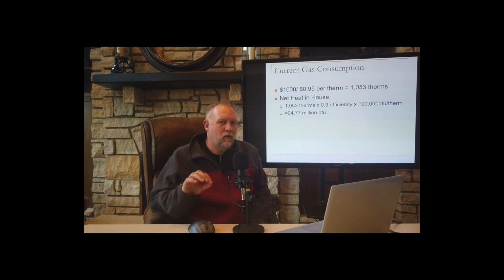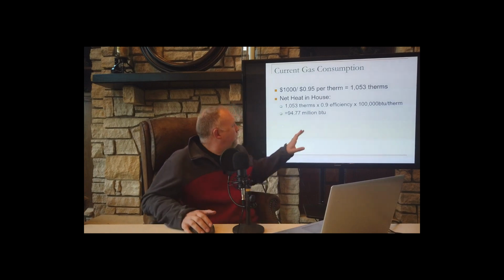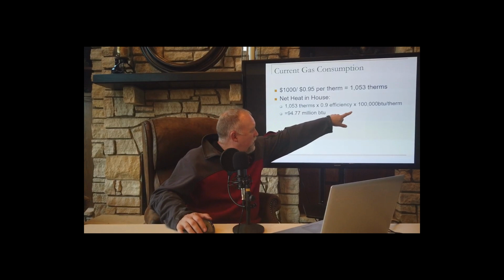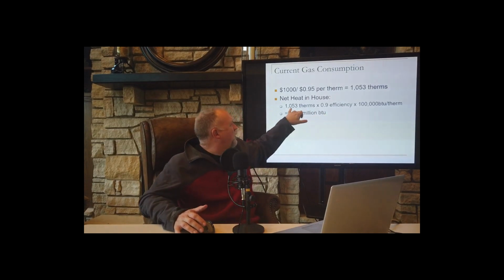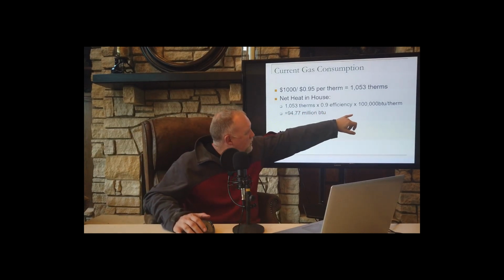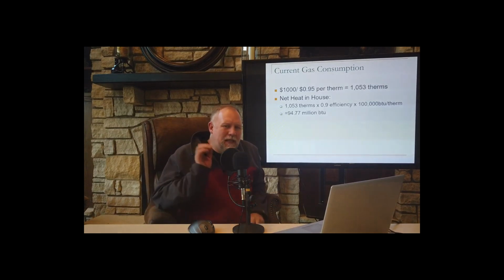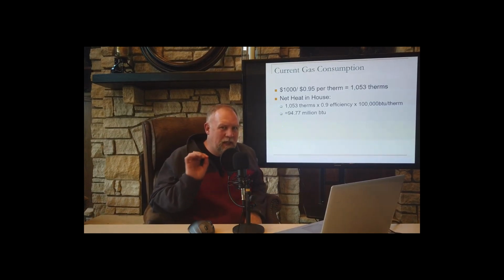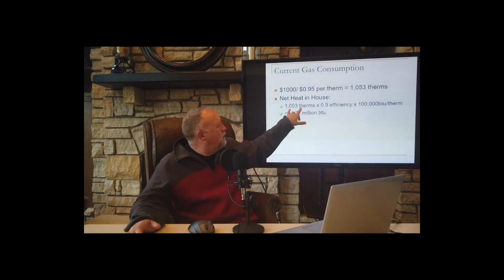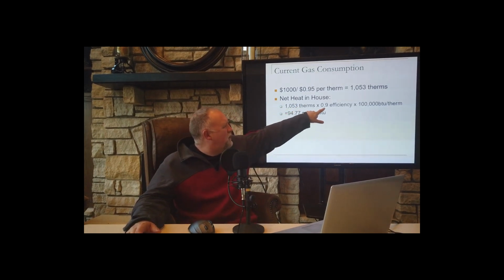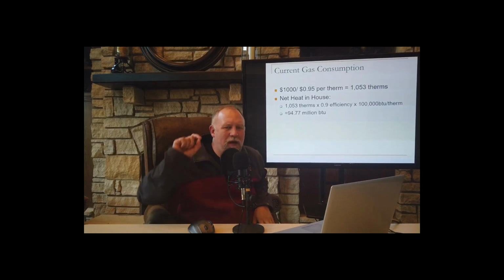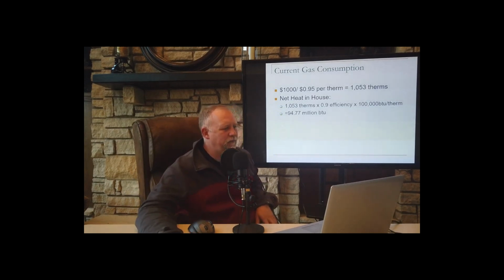Now, remember though, if we convert that, and that's what this next step is, converting the therms to BTUs of potential energy, I've got to multiply that by the efficiency of the furnace right here to get how many BTUs of energy actually went into the house.